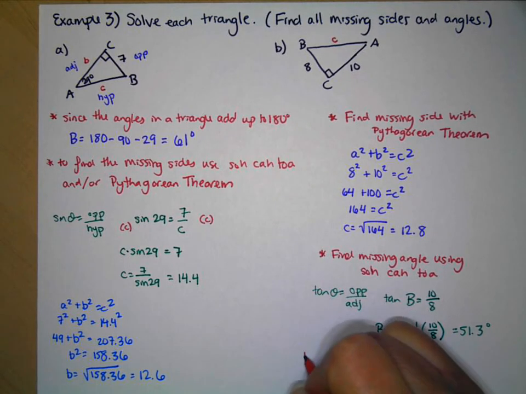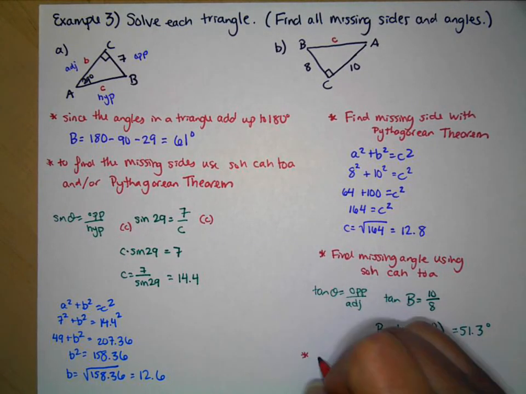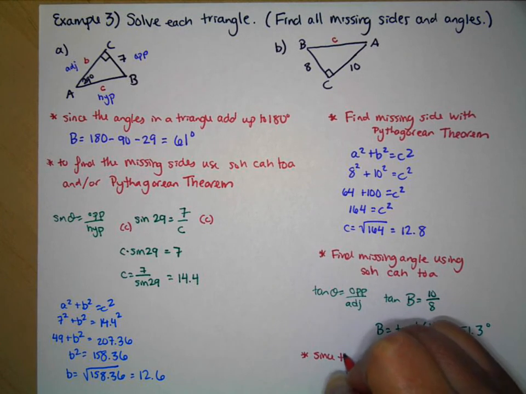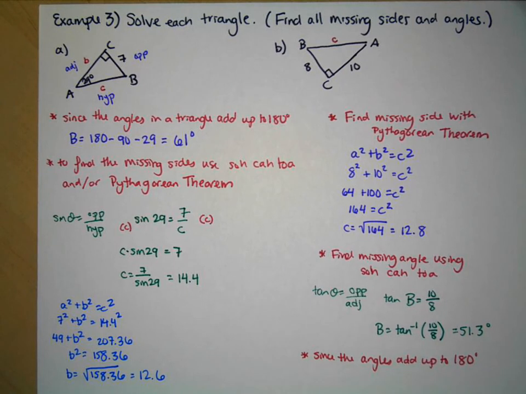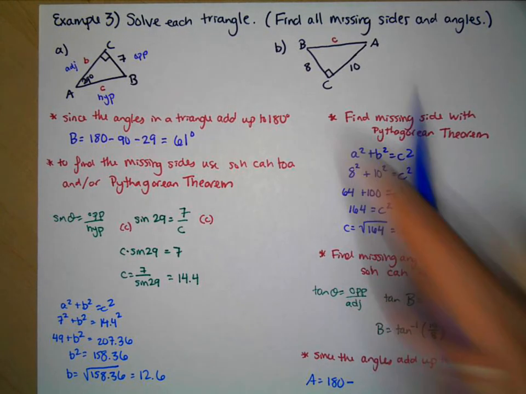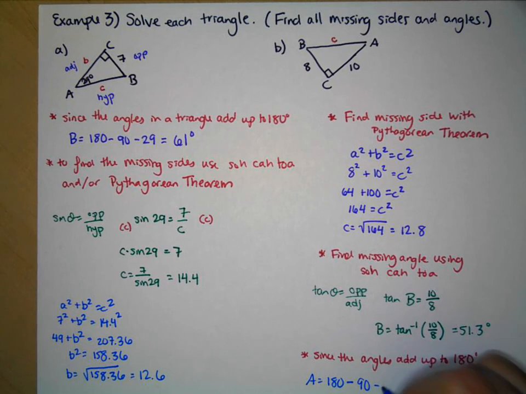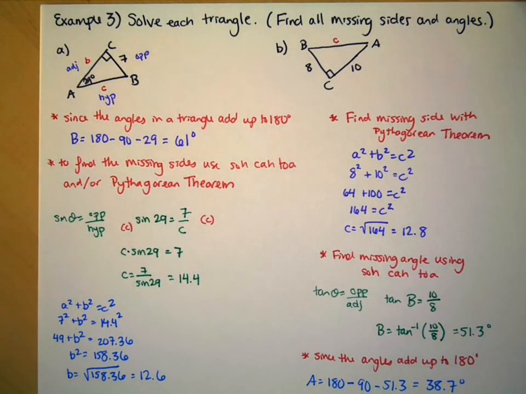And then again, remembering that since the three angles need to add up to 180, to find angle A, you can do 180 minus the 90-degree angle for C, minus angle B, which is 51.3, and we get 38.7 degrees for angle A. And now we have solved that triangle.